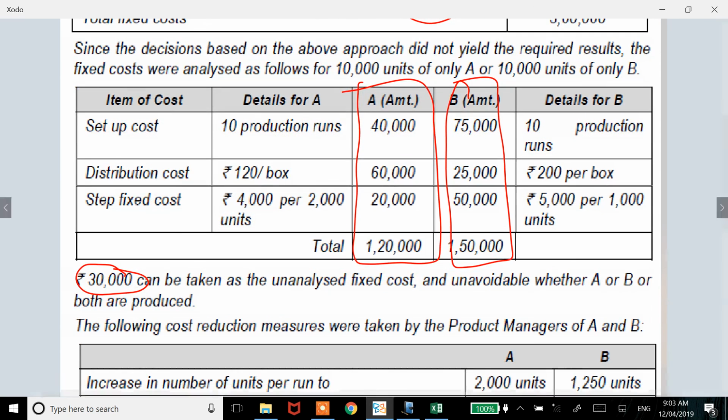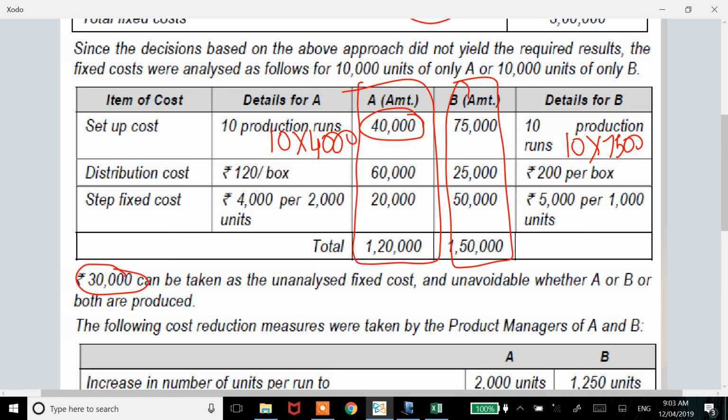Now, how this 40,000 has come is 10 production runs into 4,000 per run. For product B, it is also 10 production runs, but the rate is different for product A and product B. The question says 10 into 4,000 and 10 into 7,500.